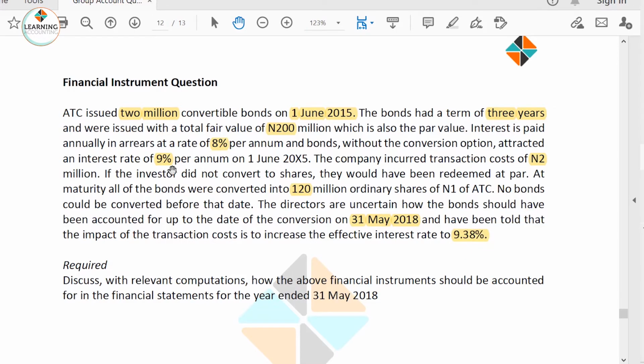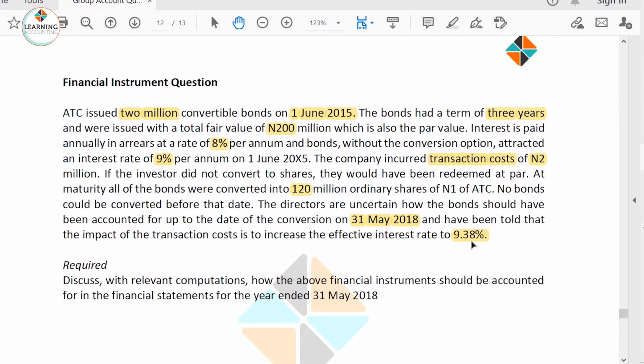So from 9% it would increase because of the impact of the transaction costs.